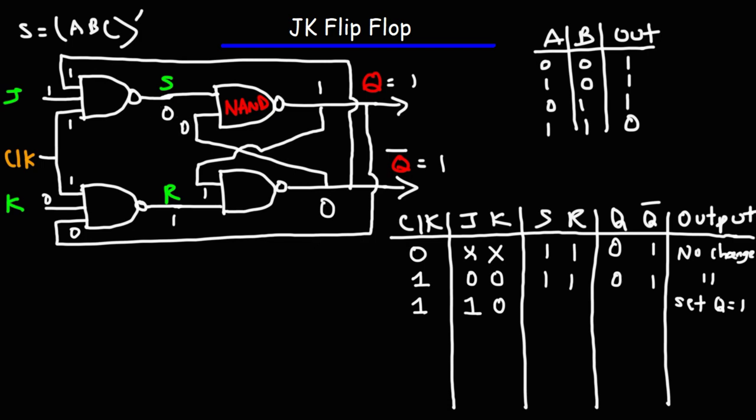But 2 zeros will make a 1. And after that, there's going to be no more changes there. So Q is now 1. Q bar, we have to change that. That is now 0, as we can see here. S is now 0. R is 1. So when we press the J button, the result is that we set Q to 1.